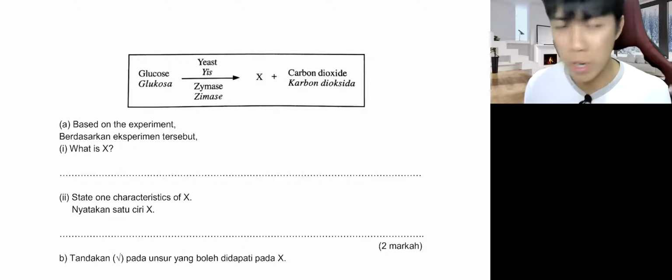Alcohol characteristics. Do you remember characteristics of alcohol? Do I have the notes? Chapter 4. Hopefully, no, this is not. Oh yeah, I have. Sweet smell. Emilia, did you mix up something?